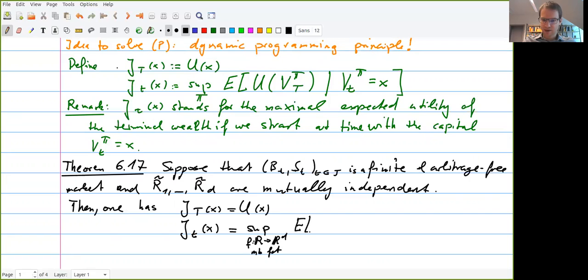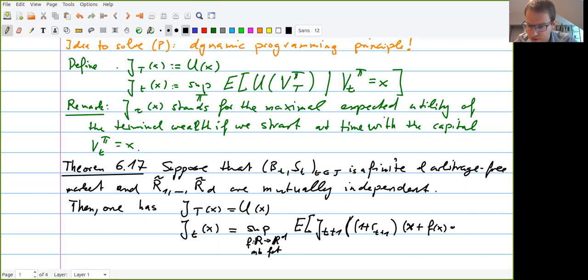And then you just maximize over the t+1 trading period the function J_{t+1}, which takes as an input the wealth at time t+1 if you follow f, and we write down here our standard recursion formula.